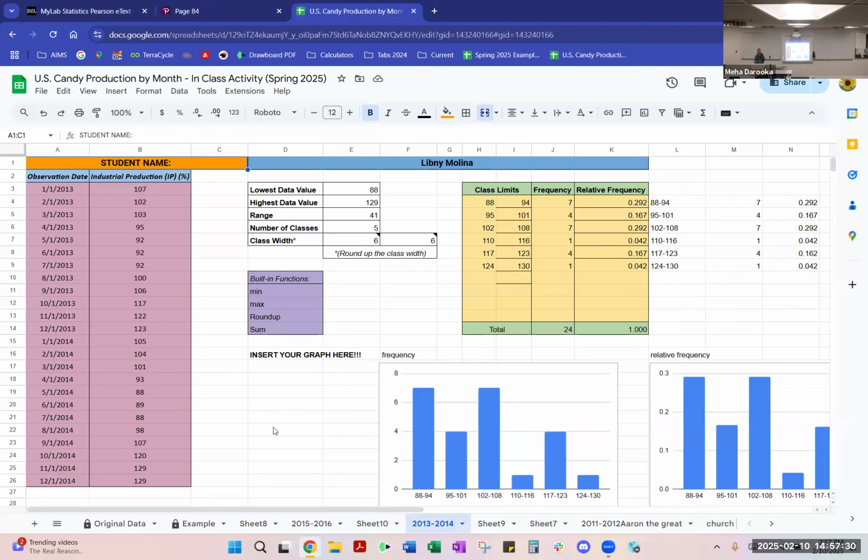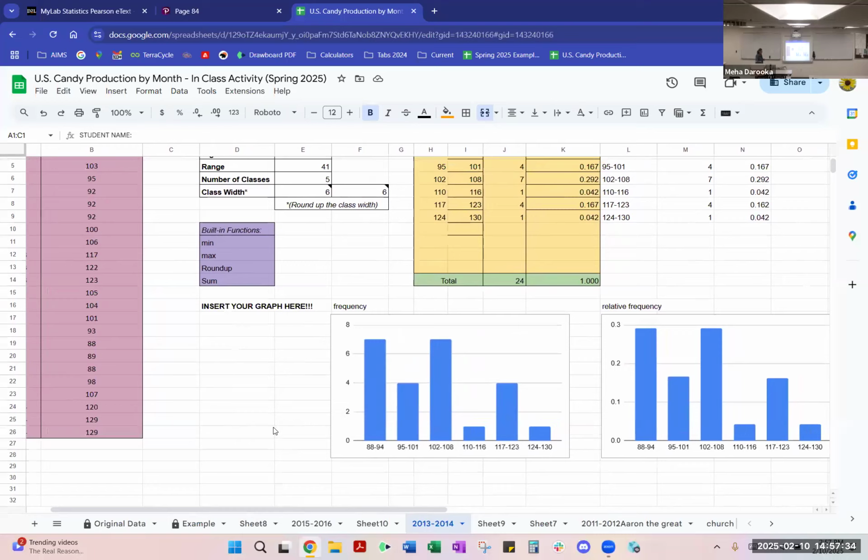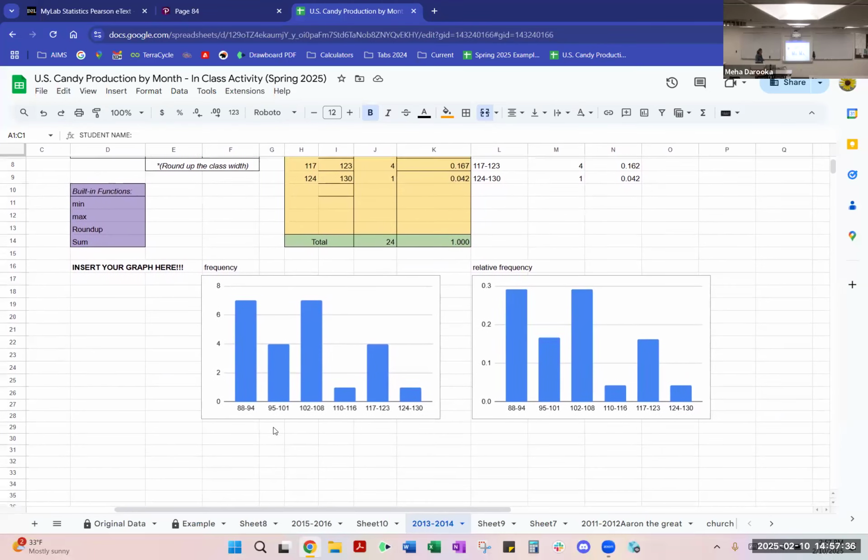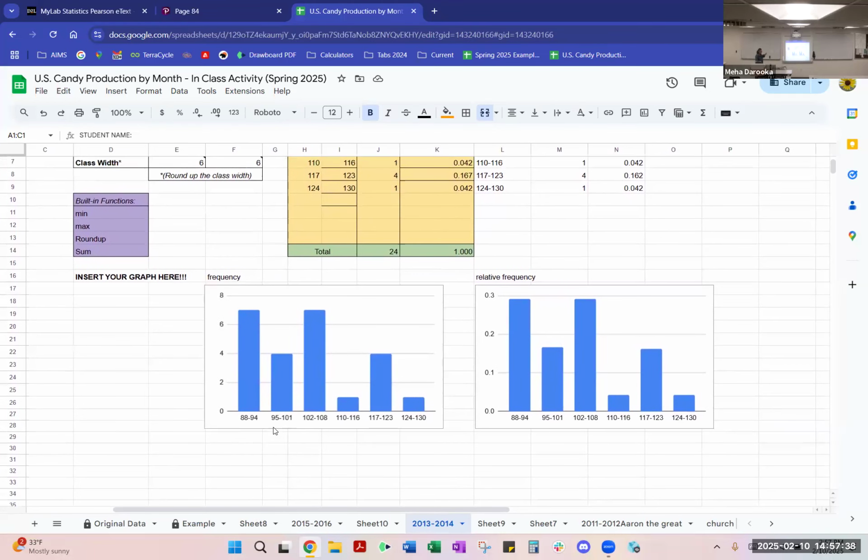Let's see, Ludmila, you had 2013, 14 as your data. And you kind of have that little bit of tapering going, but you see that little spike there, right? For 117 to 123. So it kind of had that tapering effect, but then that little spike kind of changes it.